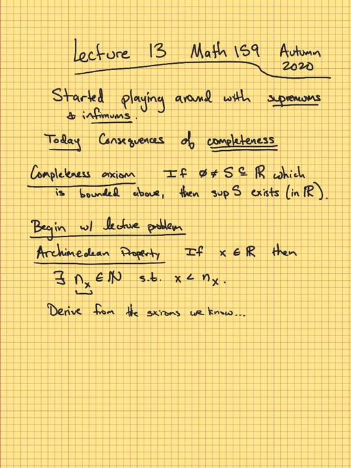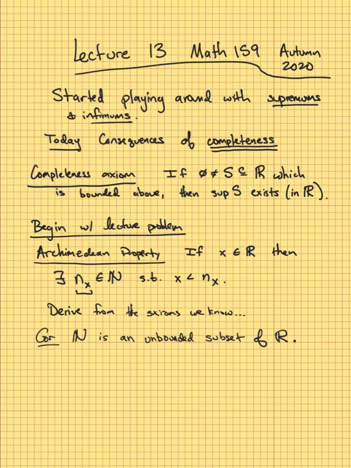Okay, let me just say as a corollary from this is that N, the natural numbers, is an unbounded subset of the real numbers. So it follows pretty much immediately from knowing this property.